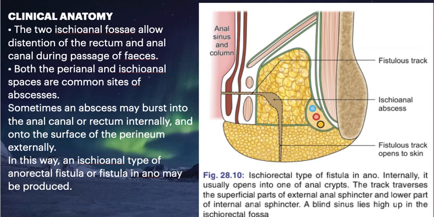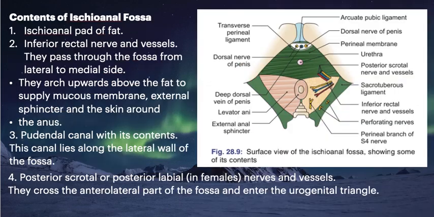Okay. So, before this, let's come to the contents of the ischioanal fossa. The ischioanal pad of fat, and the inferior rectal nerve, which passes through the fossa from the lateral to the medial side, arching upwards above the fat to supply the mucous membrane, external anal sphincter, and the skin around the anus.